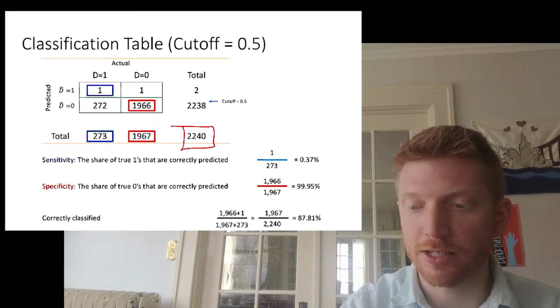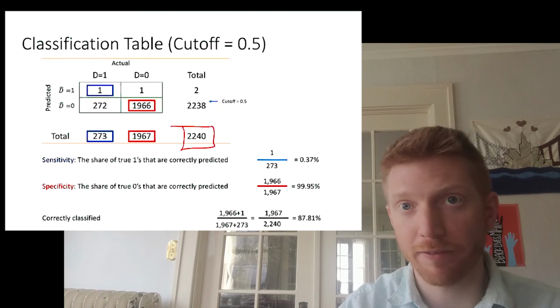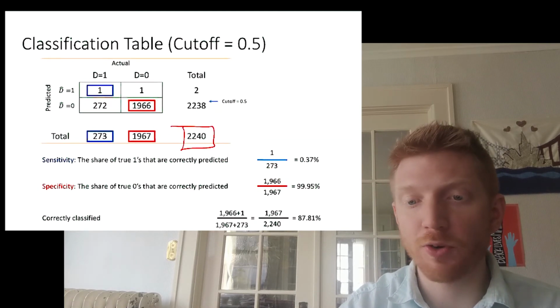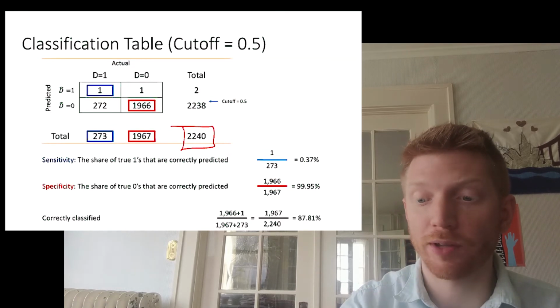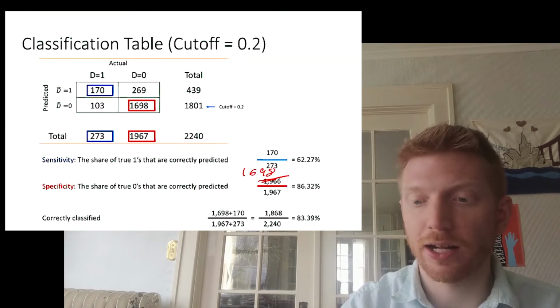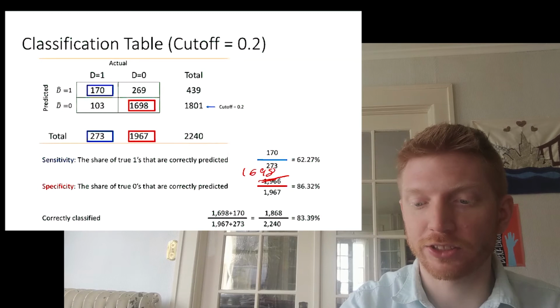And this is a smaller percentage than we had with the 0.5. So if we were trying to maximize this correctly classified, we would go with that 0.5 cutoff. However, that is basically giving us no information about predicting those who are actually denied.